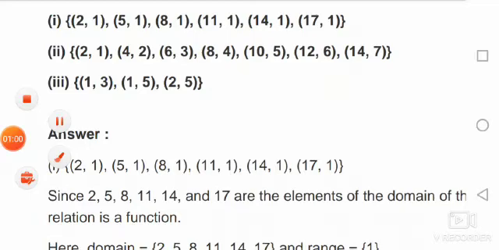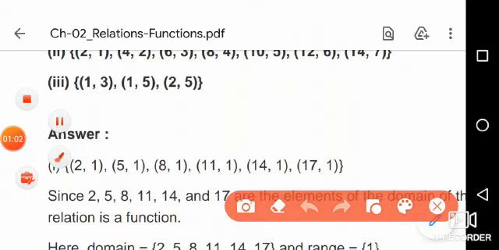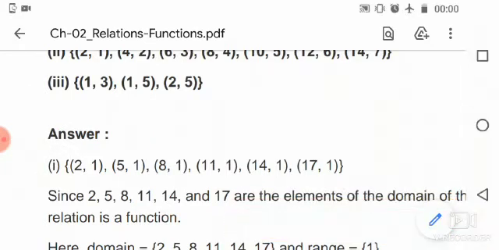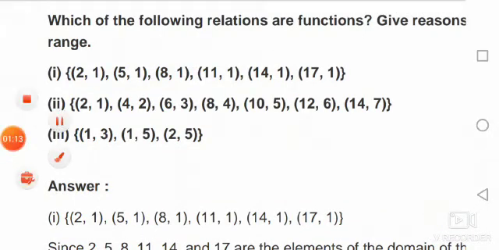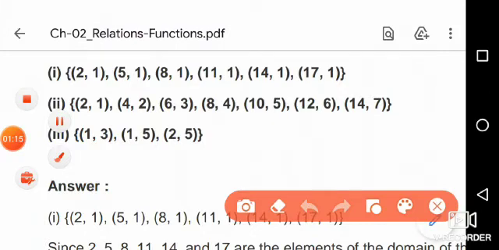Function is given for us. It is a set containing the elements, the ordered pairs, 2 comma 1, 5 comma 1, 8 comma 1, 11 comma 1, 14 comma 1 and 17 comma 1.